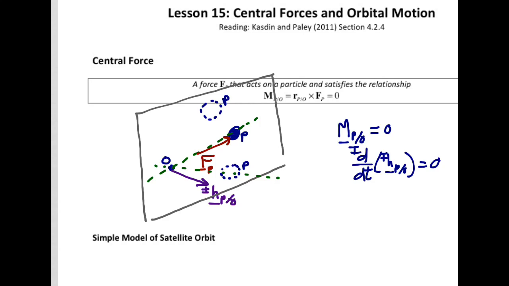We're always going to have this line of action and then a central force within that line of action. So what this tells us is that any problem or any situation where we have a central force can always be reduced to a two-dimensional problem. And that's no matter what. It's going to be a planar problem, and that plane is always determined by the direction of the angular momentum.